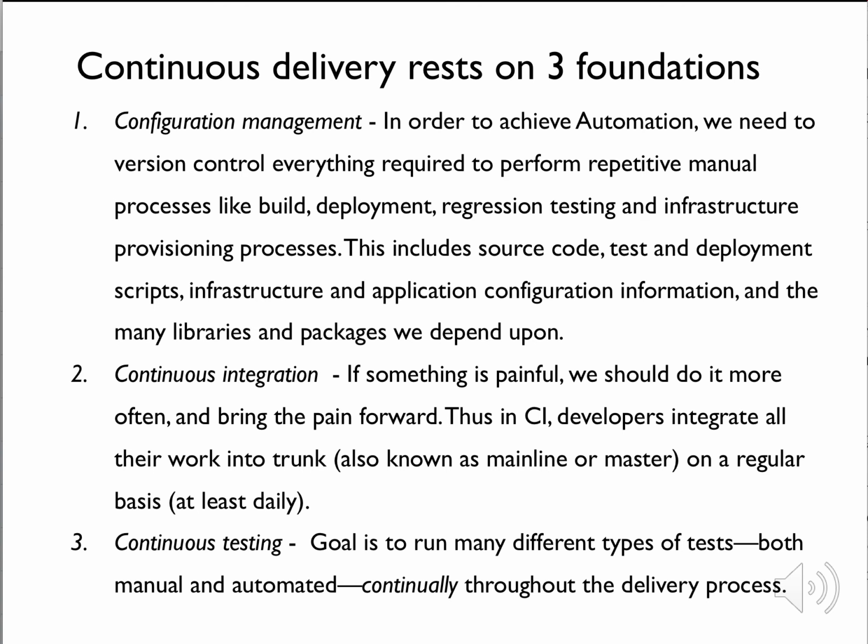And if we want to achieve the automation, we need to version control each and everything required to perform repetitive manual processes like build, deployment, regression testing, infrastructure provisioning. Each and everything should be there in the version control. And why do we need to do everything in the version control?